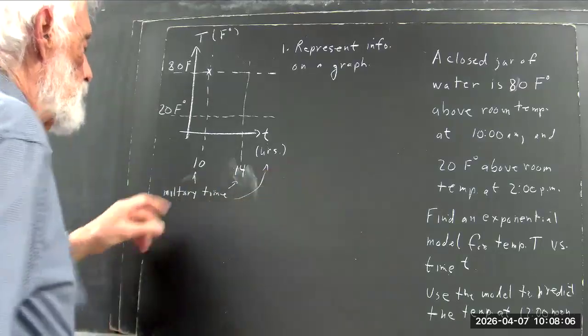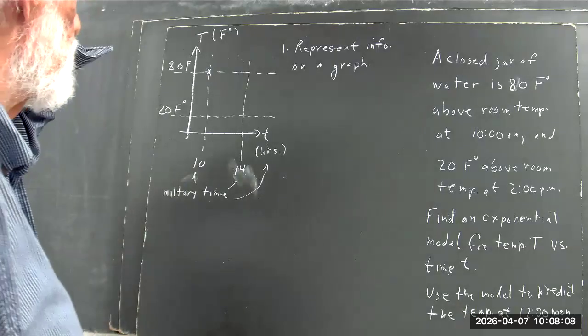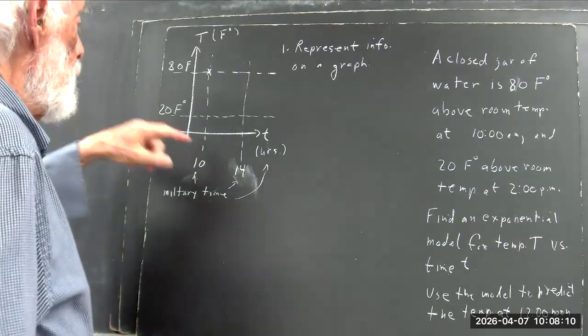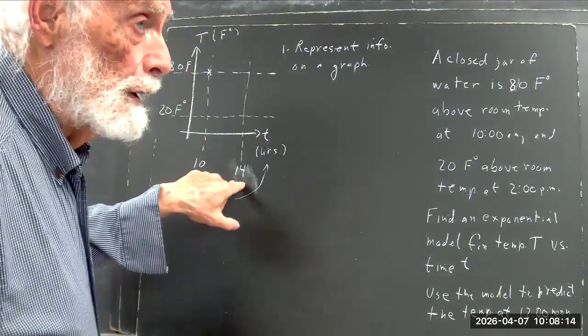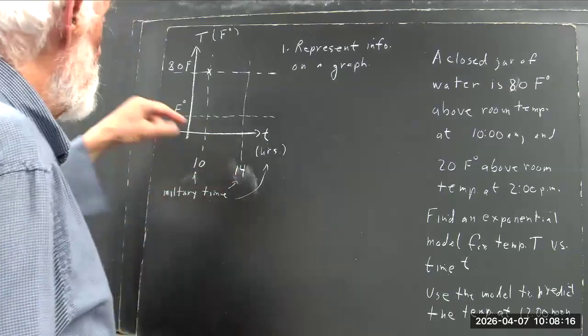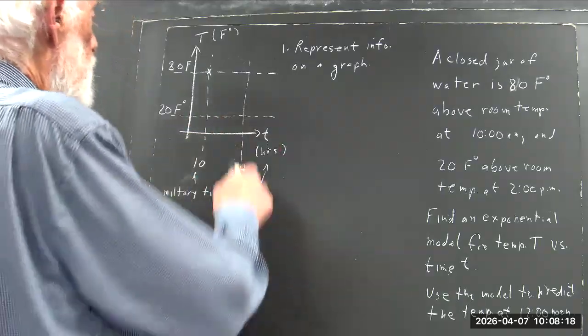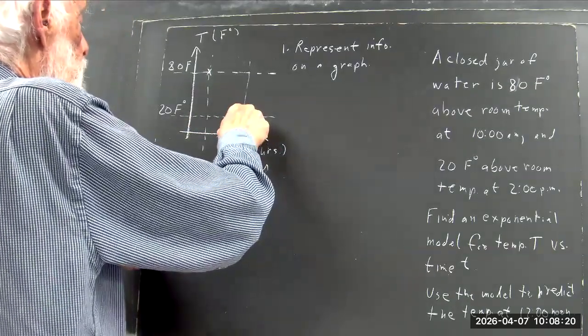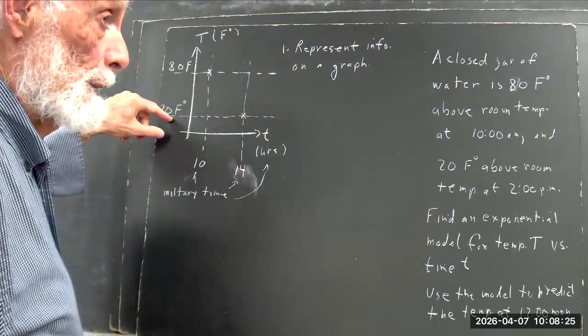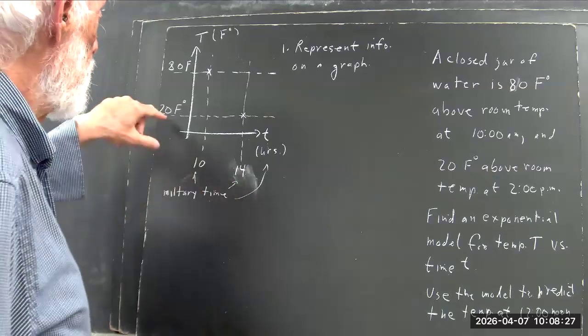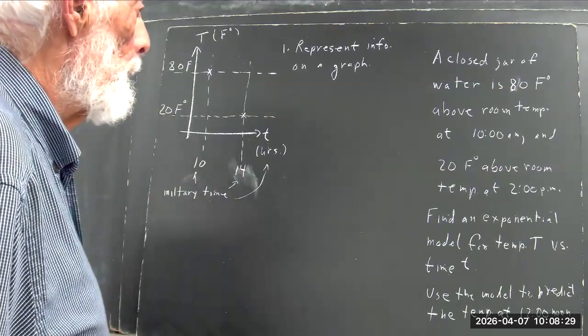And now our hours will be measured in military time. In any case, where the 2 p.m. or 14 o'clock military time meets the 20 Fahrenheit line, we have another point indicating that at this time, the temperature is this. At 14 o'clock, temperature is 20 Fahrenheit.